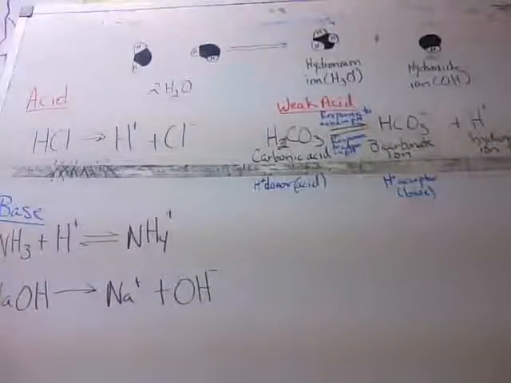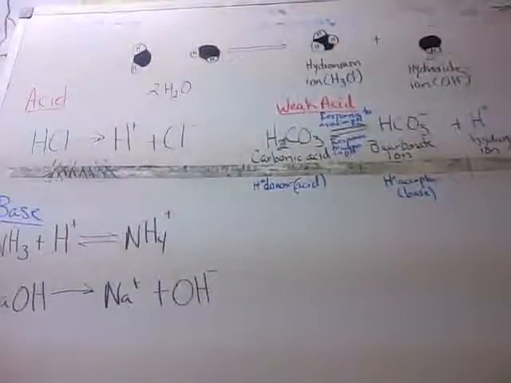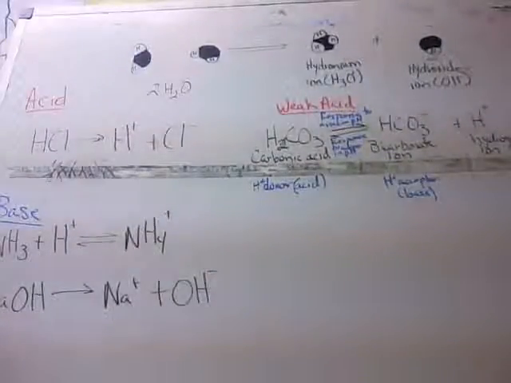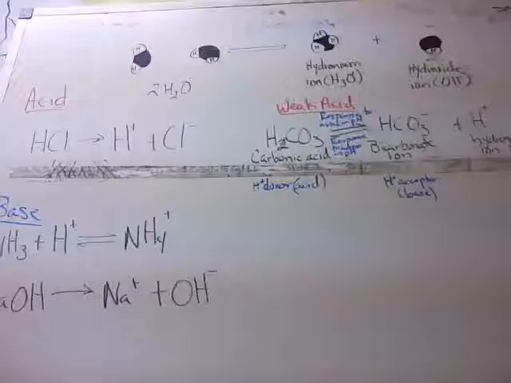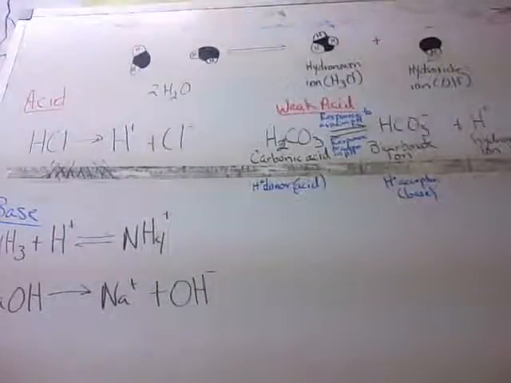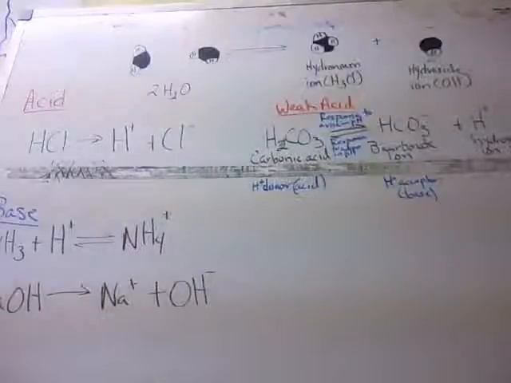Okay, and we can see a picture that I drew on the board of the chemical reaction this way. We have the 2 water molecules that yield the hydronium ion plus the hydroxide ion. By convention, the hydrogen ion is used to represent the hydronium ion, and we follow the practice here.